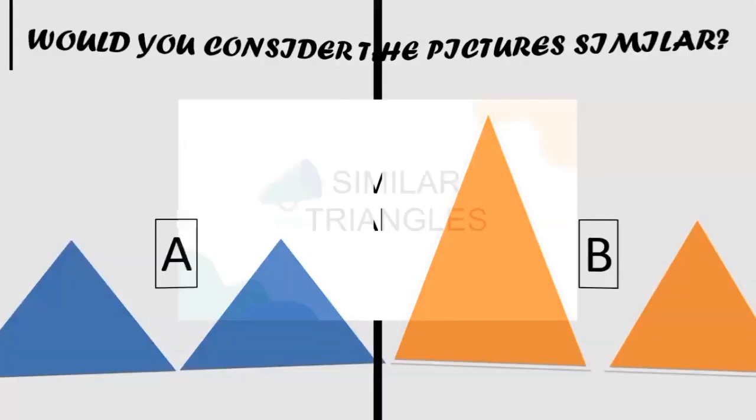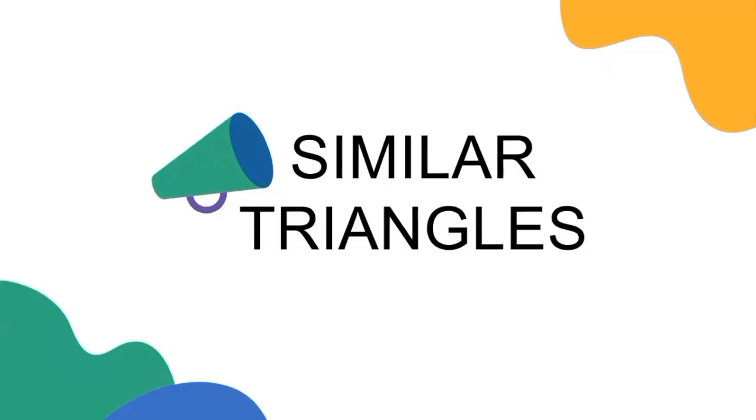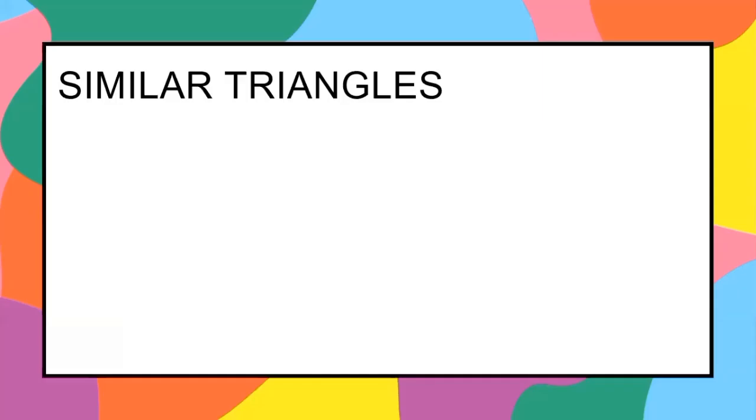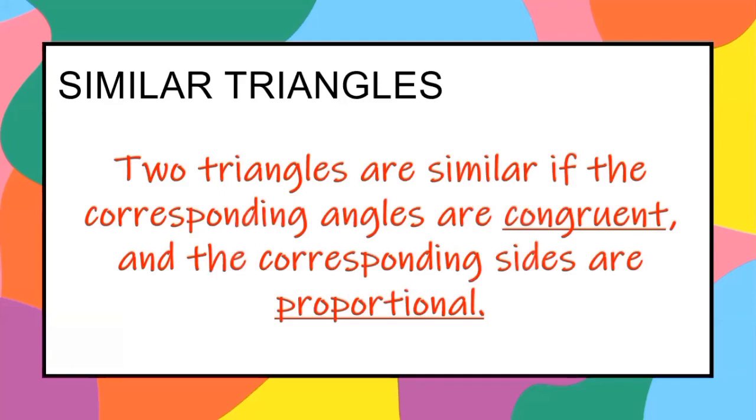And right now, we are going to talk about similar triangles. When do we consider triangles similar? Two triangles are similar if their corresponding angles are congruent and their corresponding sides are proportional.